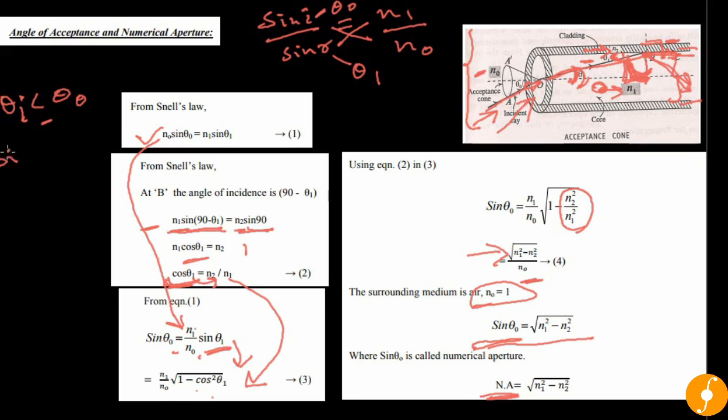Now we'll take sine, so sine theta I is lesser than sine theta naught. Now the value of sine theta naught is square root of n1 square minus n2 square.